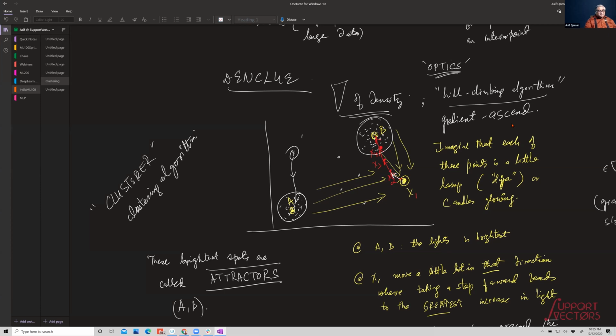Ascent is to climb, increase, climb height. So this one is descent, this one is ascent. So when the question is related to linear regression, we need to use x minus alpha slope, but when it is related to clustering, it will become x plus alpha slope. That is right. Okay, sir. Thank you.